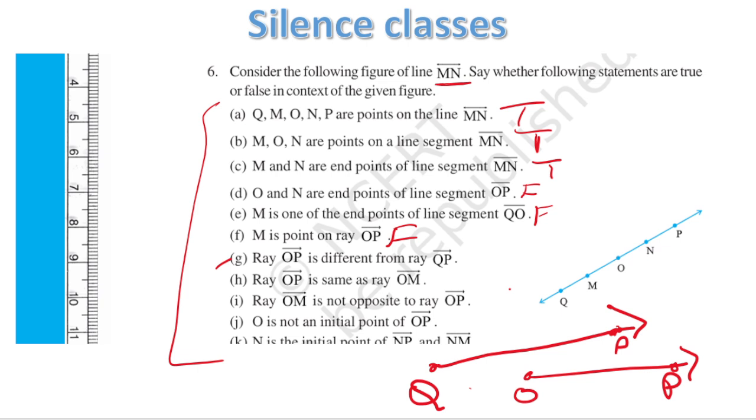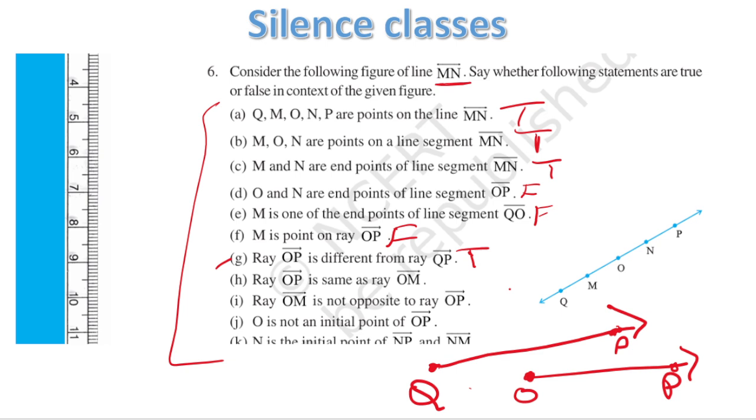Yes, there is a difference. Ray OP is different from ray QP because the starting points are different. It is starting from O and the other is starting from Q. Yes, this statement is true.